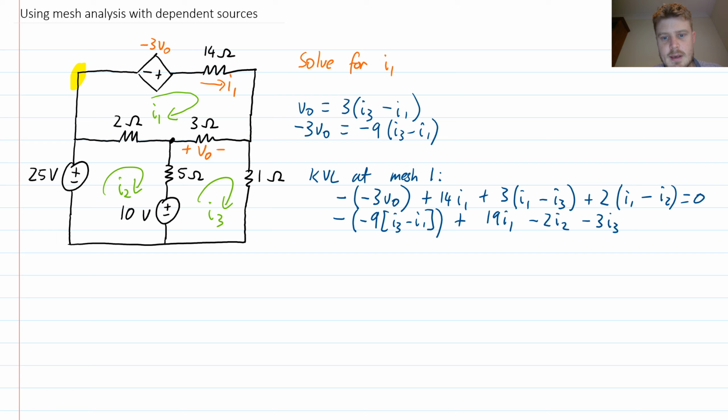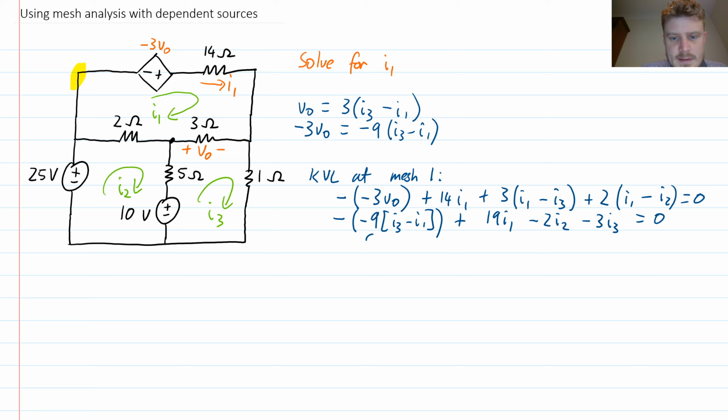That first term can be tidied up a little bit, so the negatives will cancel, and I'll be left with just 9 (I3 take I1), and I'll copy the rest of my equation: minus 2 I2 minus 3 I3 is equal to 0. Then we can look at the terms involving I1.